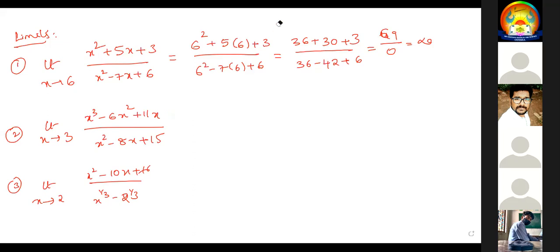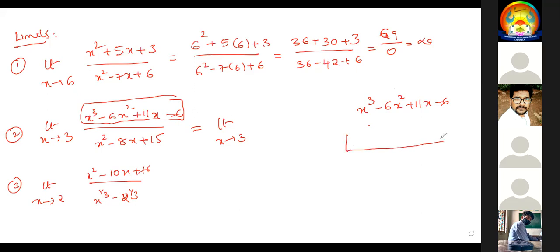In the same way, while doing problem number 2, I wrote something wrong here: 11x minus 6. So limit x tends to 3, x cube minus 6x square plus 11x minus 6.